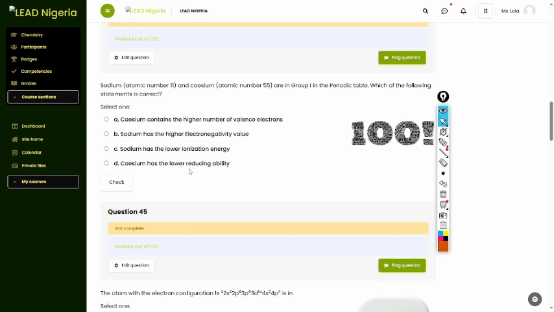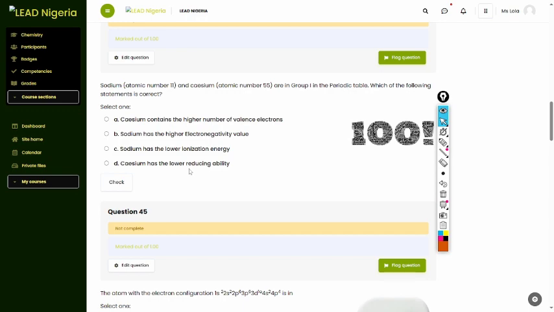Oh, reducing ability. Okay, reducing ability is the ability for it to reduce another atom, which means the reducing agent needs to be oxidized, and so for atoms to be oxidized, they need to lose electrons. The one that loses electron easily would have a stronger reducing ability.